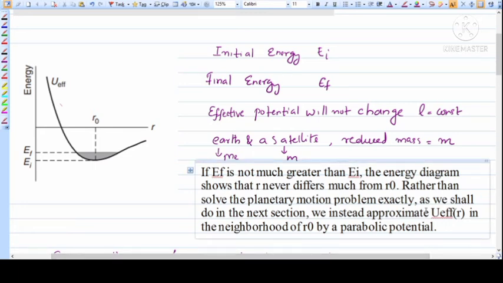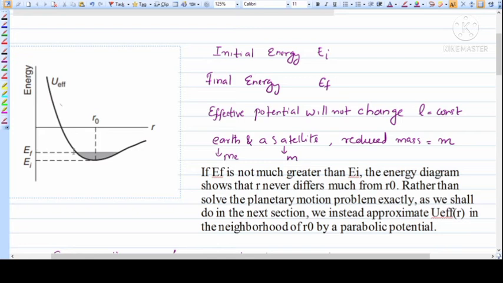If EF is not much greater than EI, if there is not much difference between EF and EI, the energy diagram shows that R never differs much from R0.